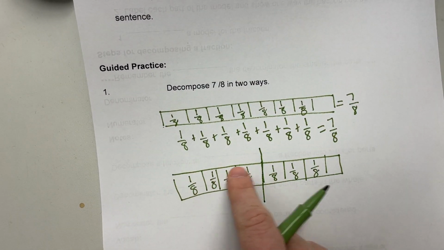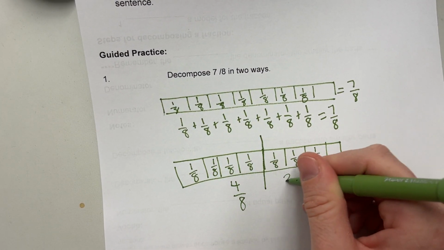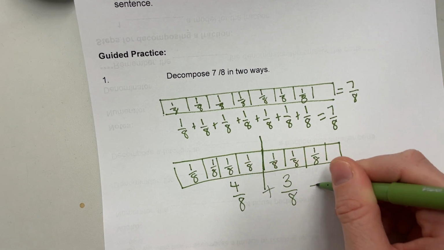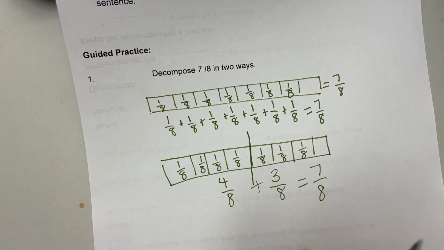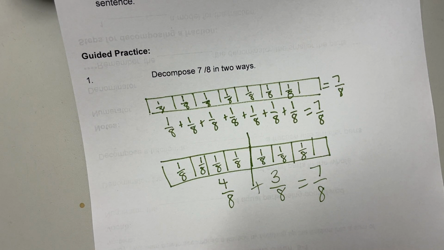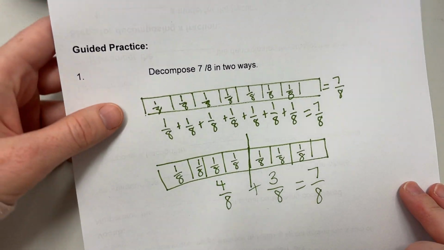So I have 1, 2, 3, 4/8, and I have 1, 2, 3/8. And I'm just going to add the numerators only, so then I get 7/8. Okay, so that's all we have to do for that first type of problem. Okay, we're going to do our second problem.